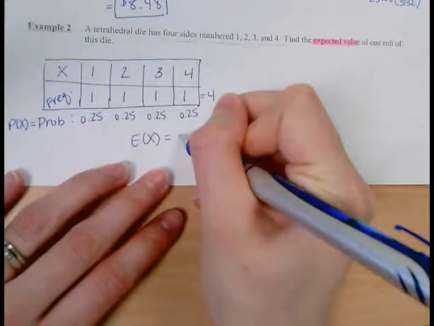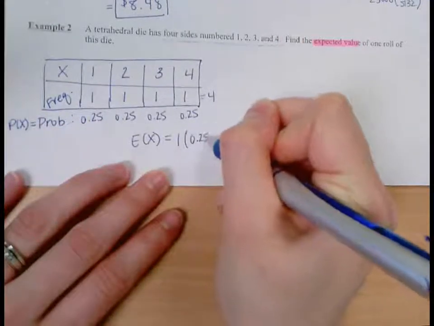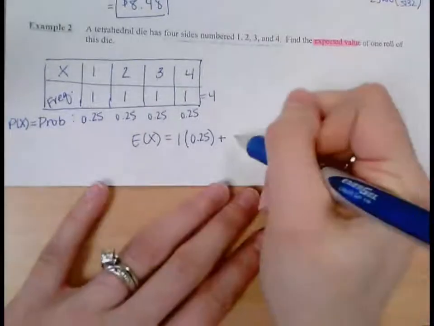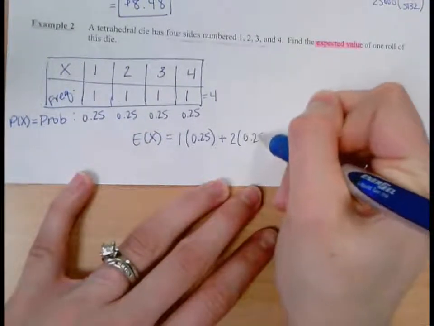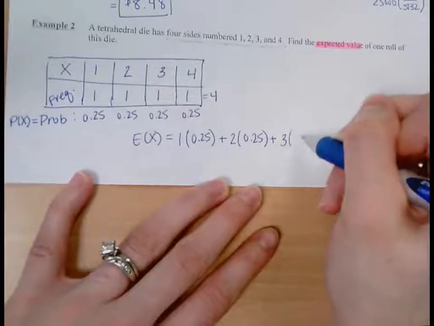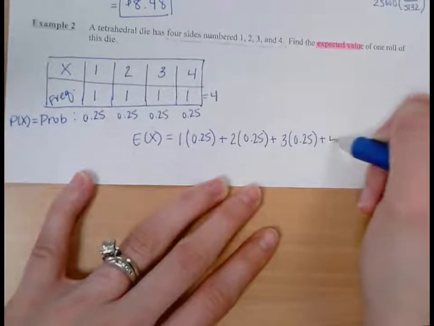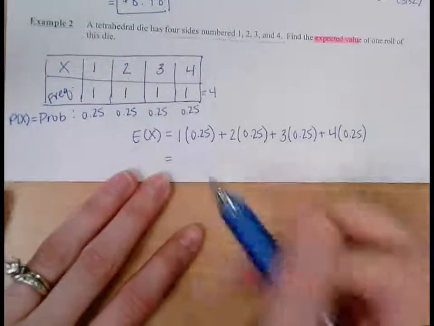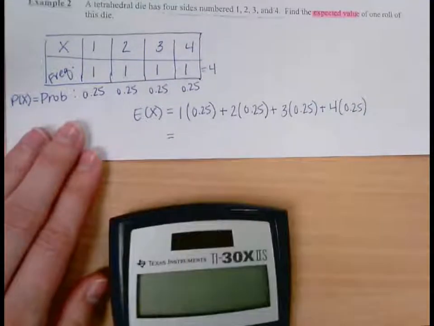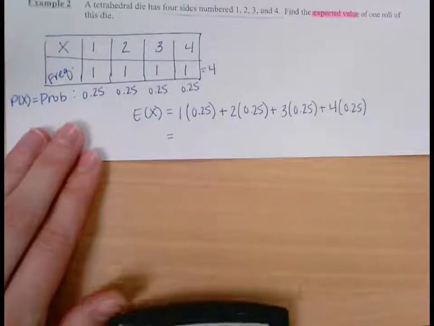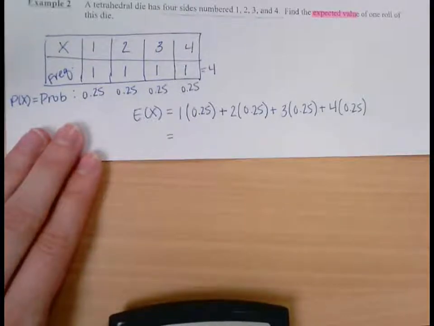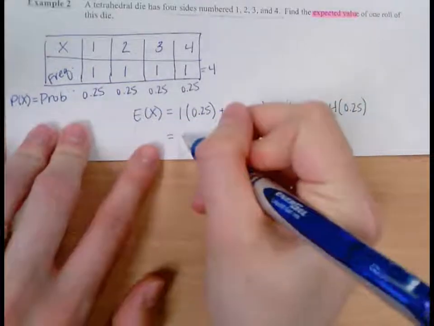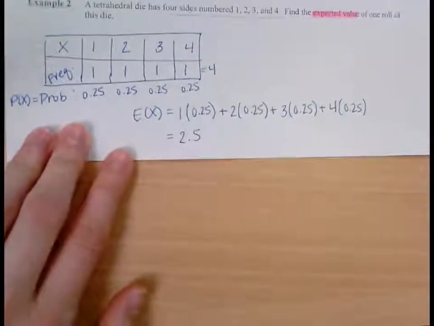So chance of rolling a 1, I multiply that by 0.25, plus the chance of rolling a 2, multiplied by 0.25, plus chance of rolling a 3, multiplied by 0.25, plus chance of rolling 4, multiplied by 0.25. And if I take each of these numbers and multiply it by 0.25, I end up getting an expected value of 2.5.